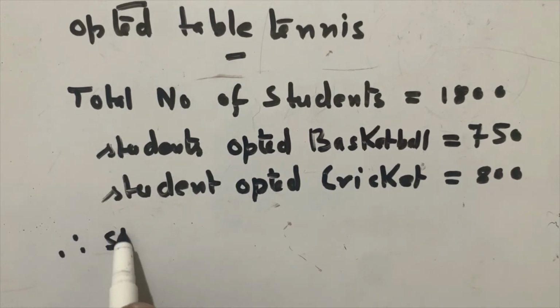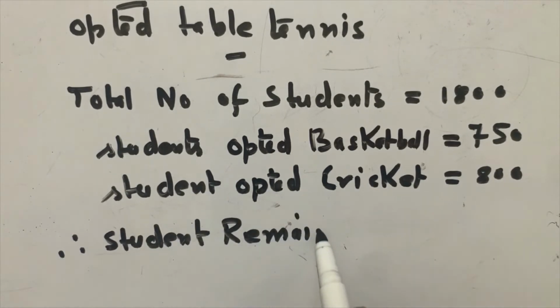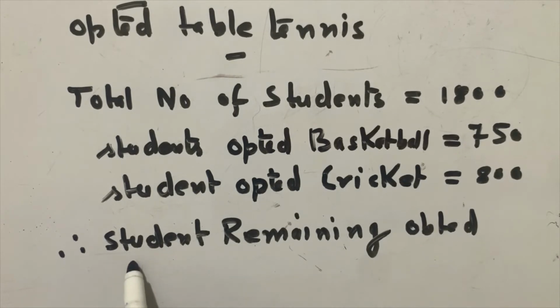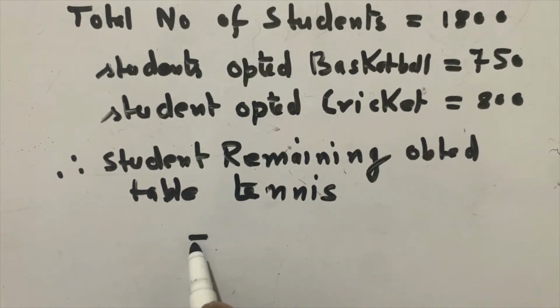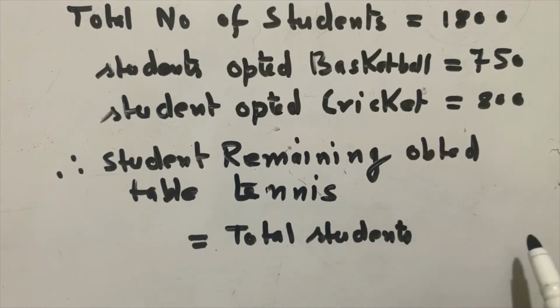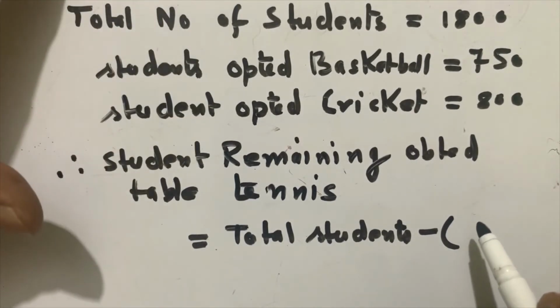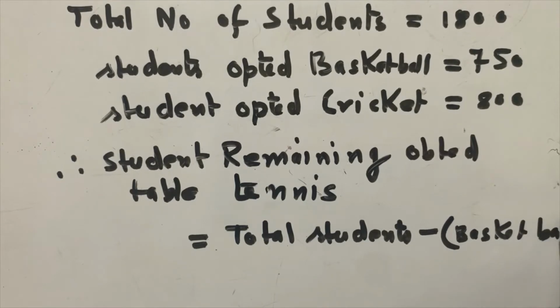Therefore remaining students opted table tennis is equal to total students minus basketball plus cricket.